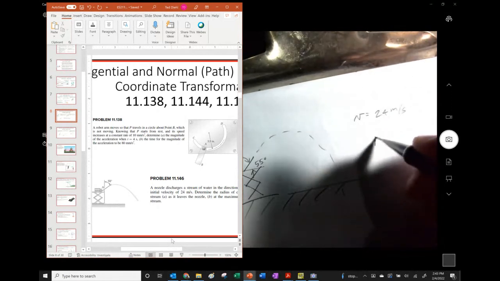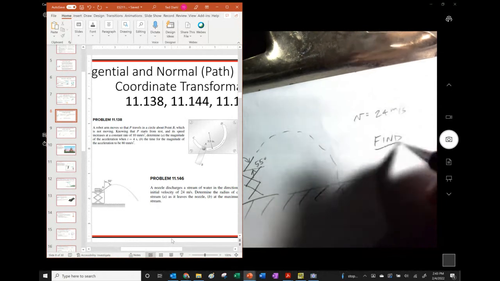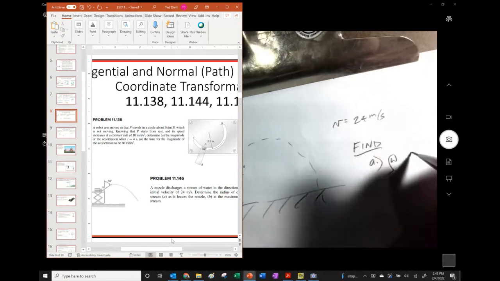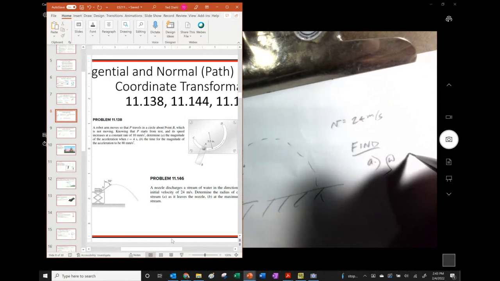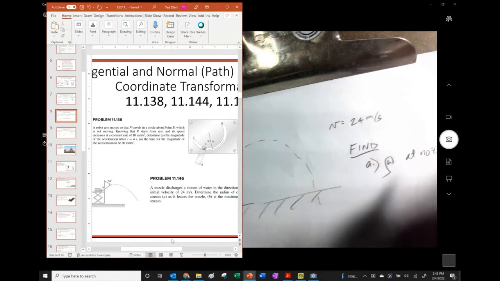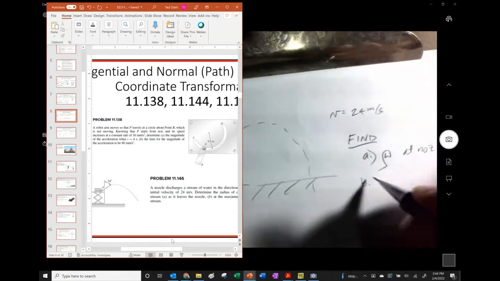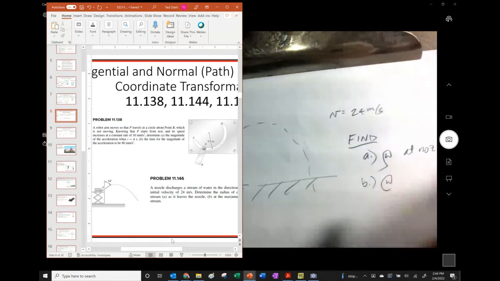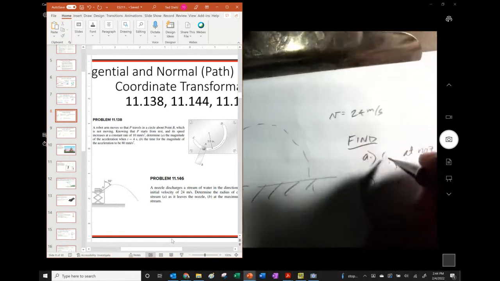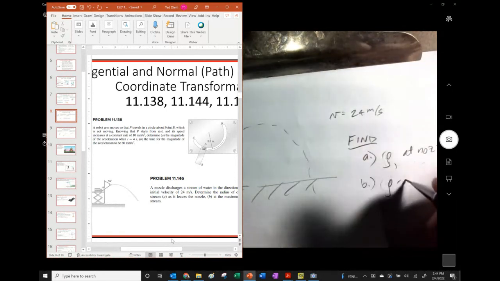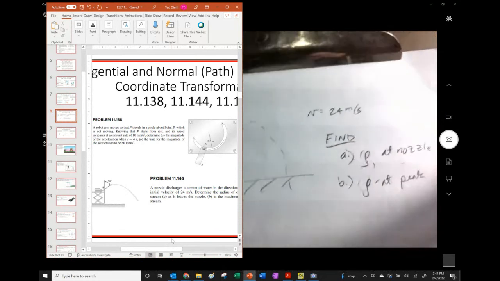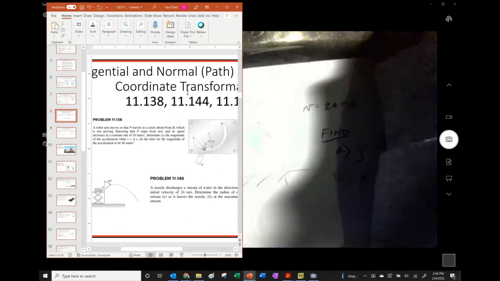And find a radius of curvature at the nozzle, and B, why am I drawing it that way? At the peak, or at the zenith, we could call it the zenith, right?